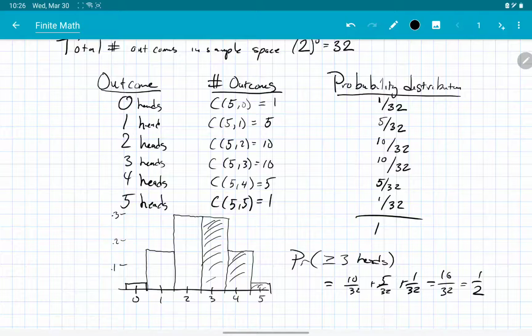So half the time we'll get at least 3 heads. And then, of course, the complement to at least 3 heads is at least 3 tails, which has the same probability.